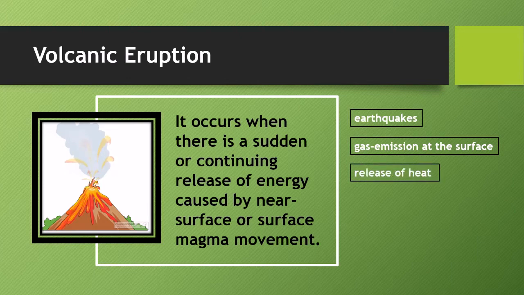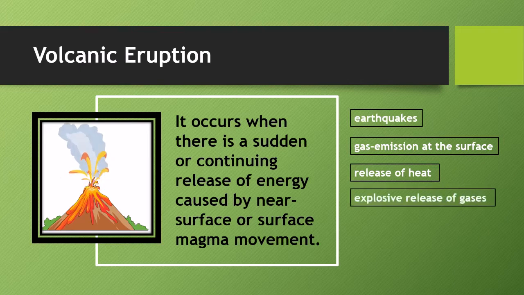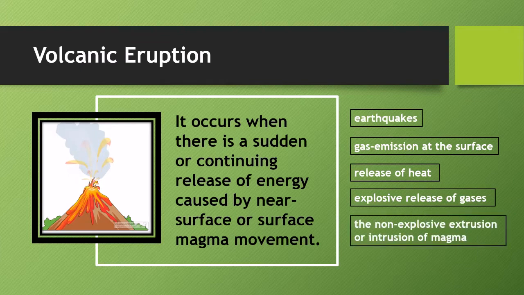There can also be the release of heat because of the magma. There is also an explosive release of gases. And in some cases, there are non-explosive extrusion or intrusion of magma.